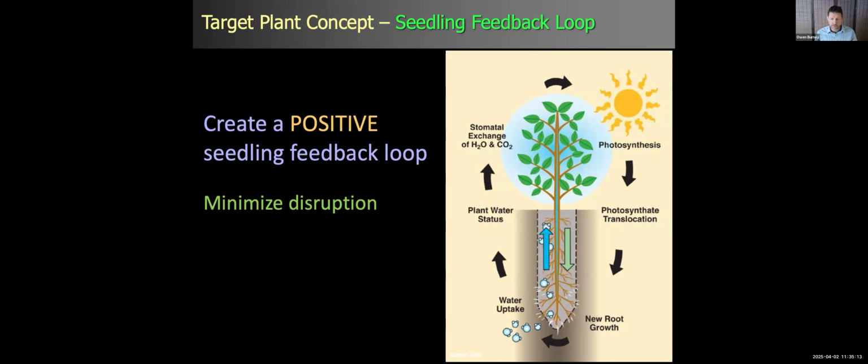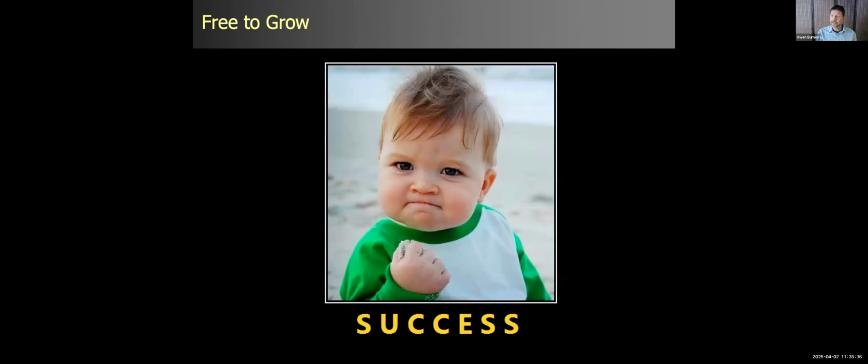Another example is if we're driving those seedlings down the highway and we're drying out the roots and we lose the ability to move water from the roots to the shoot, well, then we're not putting on new shoots and decreasing photosynthesis. So if we can minimize our disruption, we can have continued growth and survival. And then we finally get to the point where we are free to grow and we have success.